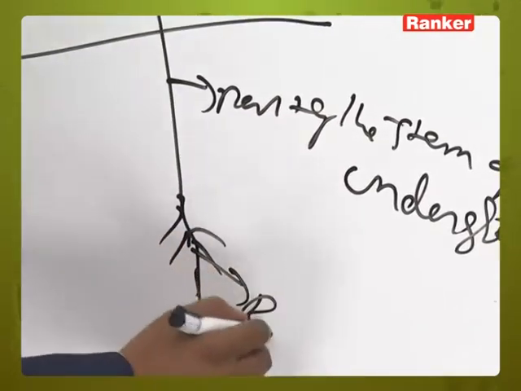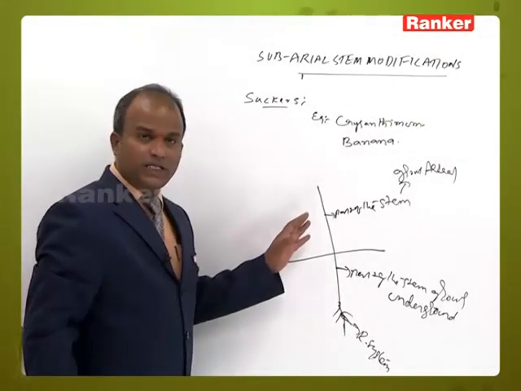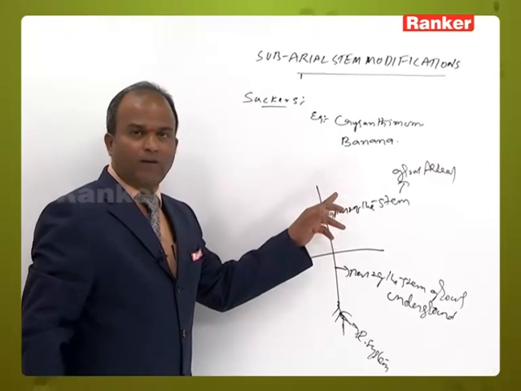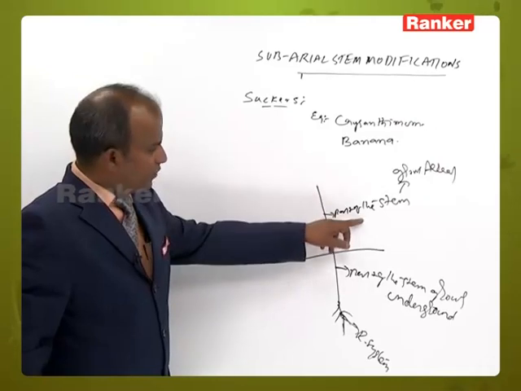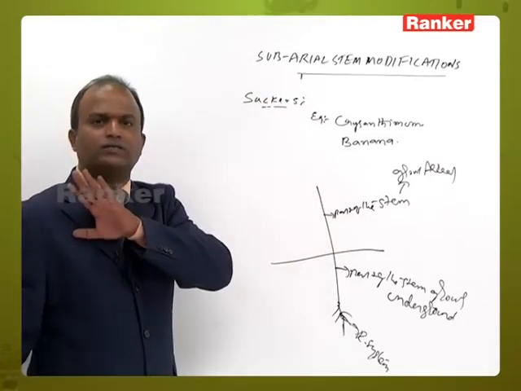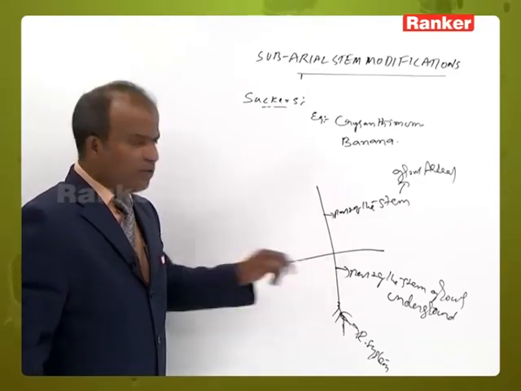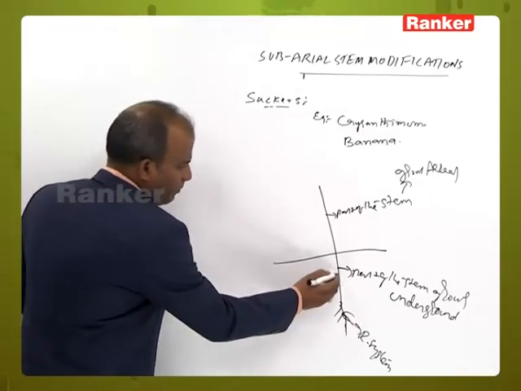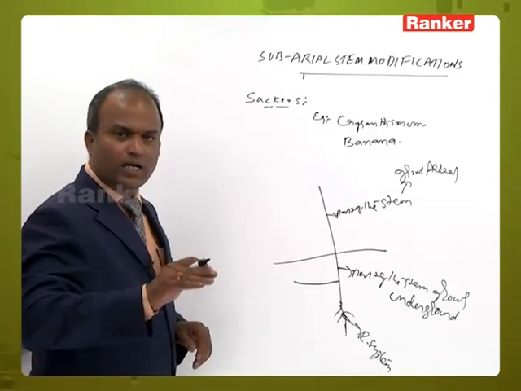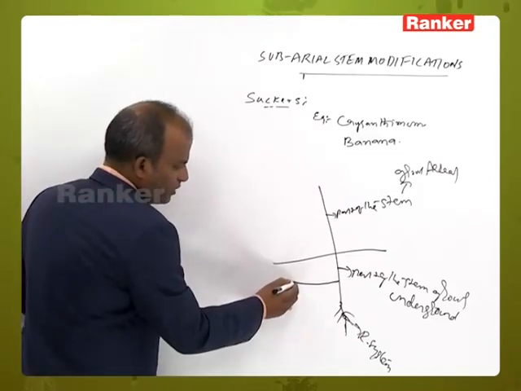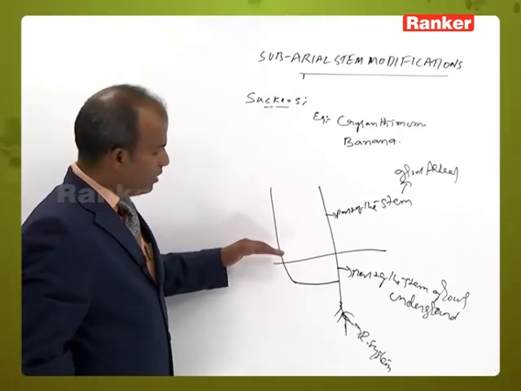The branches which develop from the aerial part of the stem are not called suckers. The branches which develop from the underground stem grow underground for some time, and after some time they grow obliquely above the soil, into the sunlight.